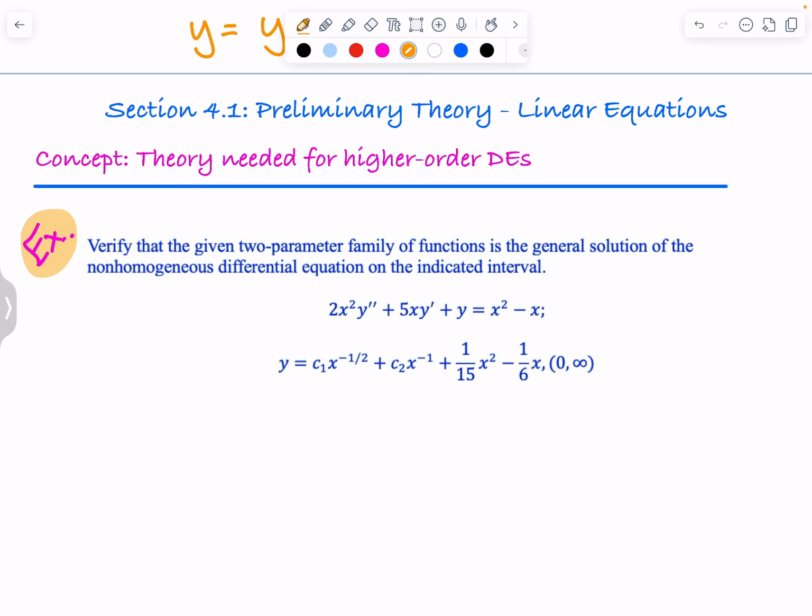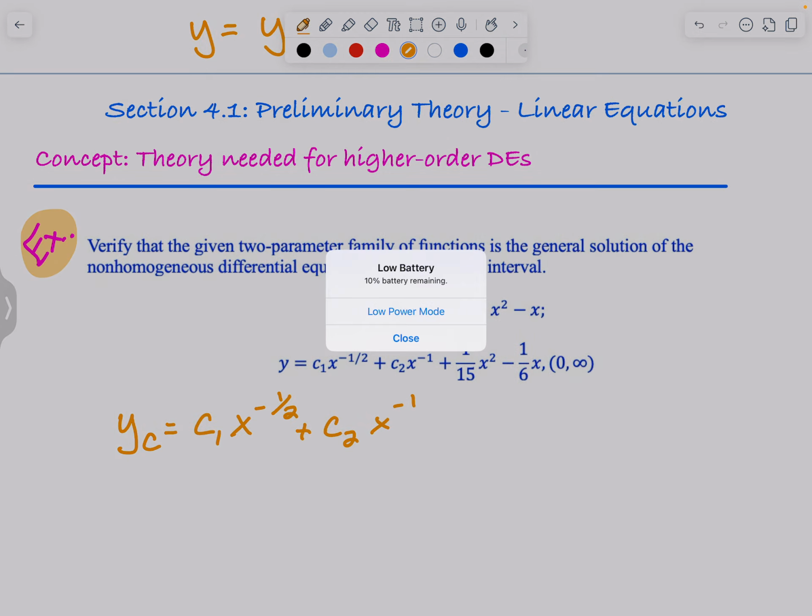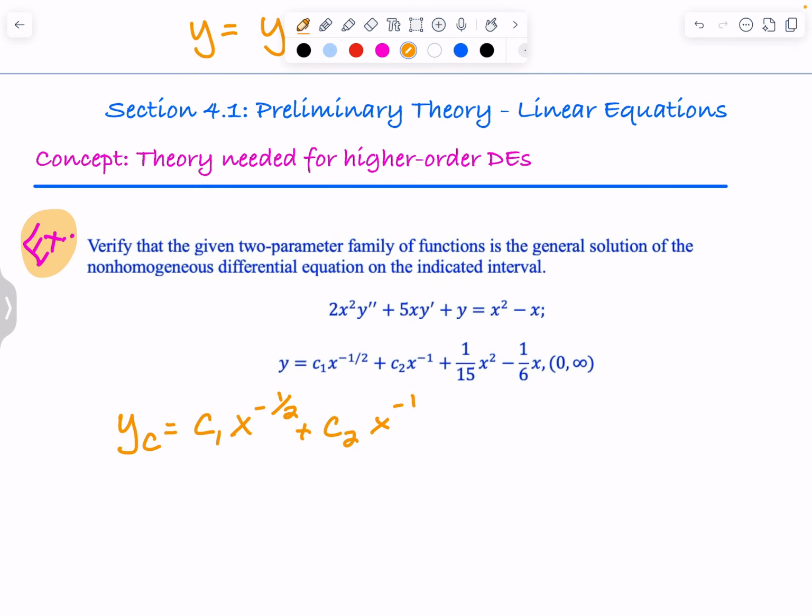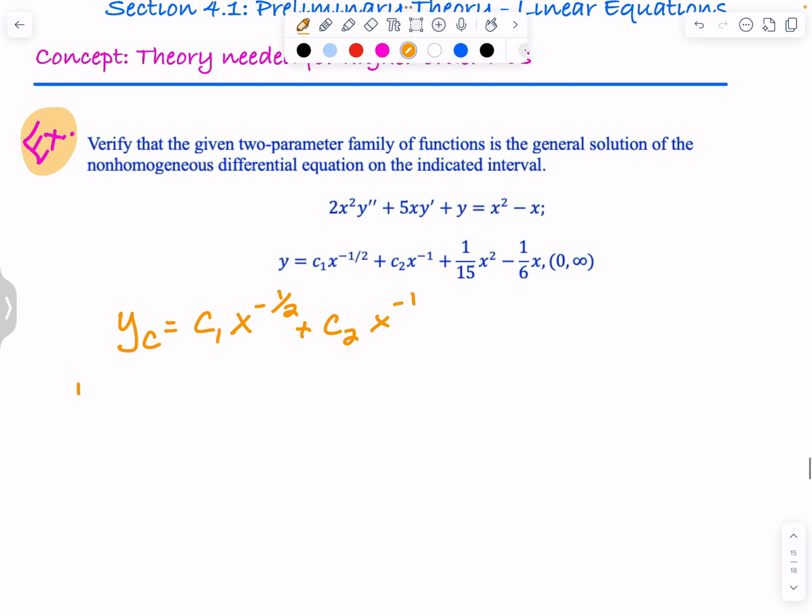The y sub c, the complementary homogeneous solution, is going to be c1 x to the negative 1/2 plus c2 x to the negative 1. We need to show that the two solutions form a fundamental set. So y1 is x to the negative 1/2, y2 is x to the negative 1.